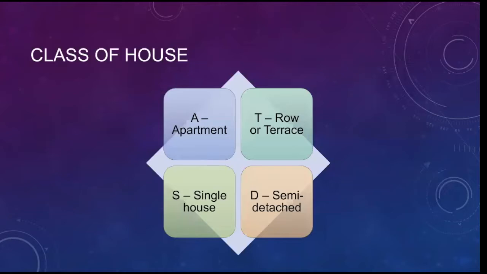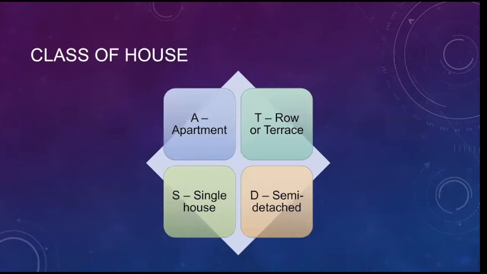T was for row or terrace houses and was classified as a building with partition walls running through it from cellar to attic and making each part of what is usually known as a whole house and having a separate entrance to each part. S was for a single dwelling house, which was a self-contained house occupied as a separate dwelling.